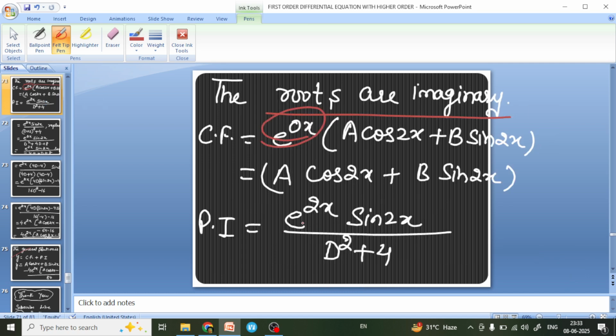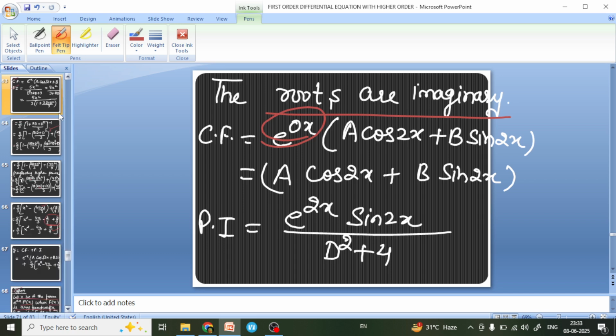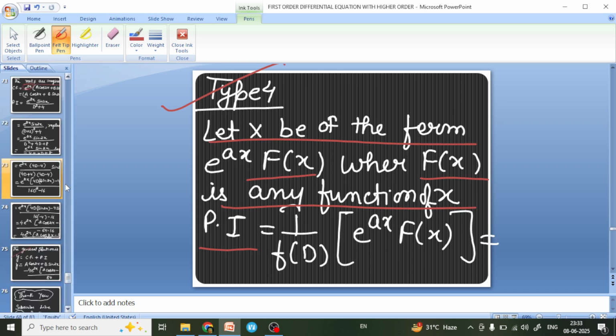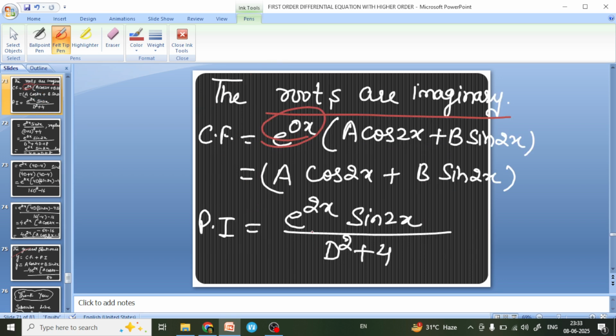We will find here PI is equal to e raised to power 2x, because according to type 4, PI is equal to 1 over f of D, e raised to power ax, f of x. So we will write here PI is equal to e raised to power 2x sine 2x over 1 over f of D square plus 4, and after that we will solve it.